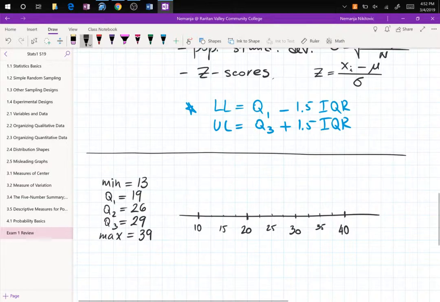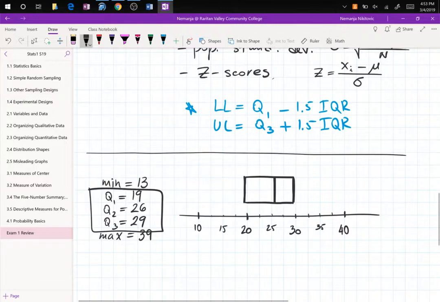So now I go and I say, okay, where's 13? Well, the first thing we do is the middle, because the first thing we do are those longer lines. So 19 is just before 20. 26 is just after 25. And 29 is just before 30. And then you can connect those.